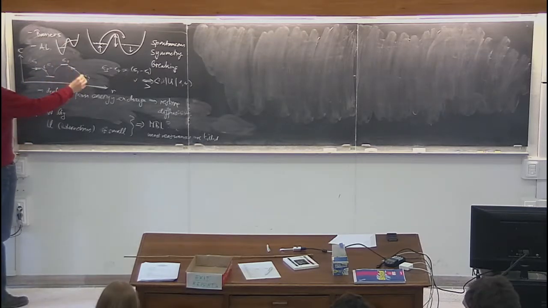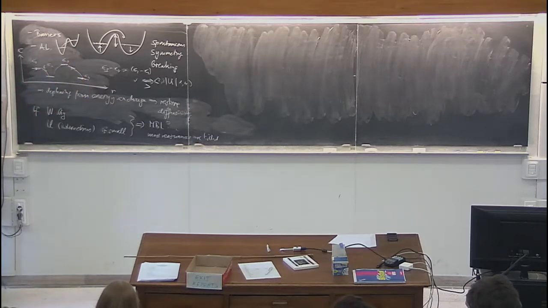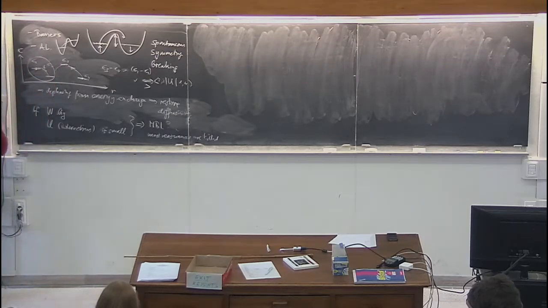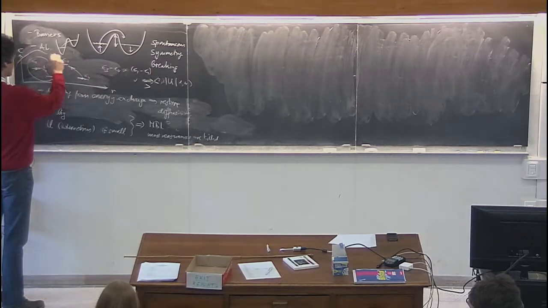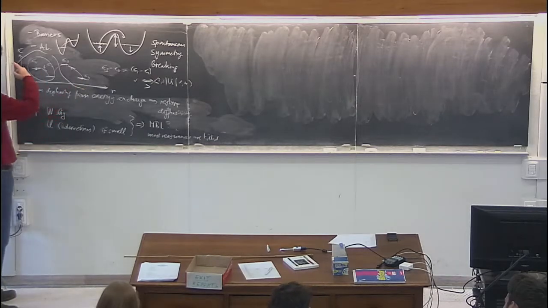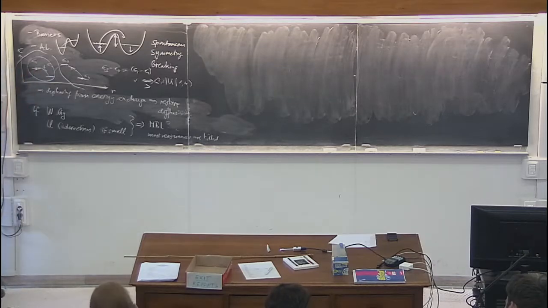That means you have the possibility of resonantly getting some energy from your neighbors, and that is nothing else than to say that here is my system, and here is all the rest of the system, and the rest of the system acts like a bath with which I can exchange energy. And as long as I can take any energy that I want from the rest of the system, then of course I can always bridge these energy differences, and I can always make resonant transitions.